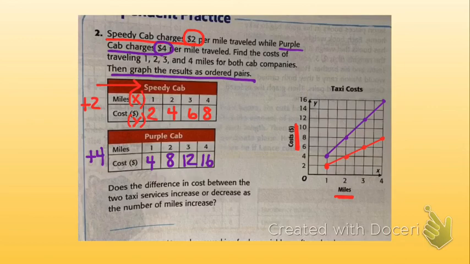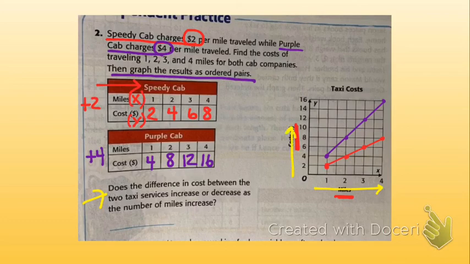Now, what is the question that they are asking us to solve? Let's go back to that question. Right here. Does the difference in cost between the two taxi services increase or decrease as the number of miles increase? So, the further I go up in miles, the further this goes up in costs, right?